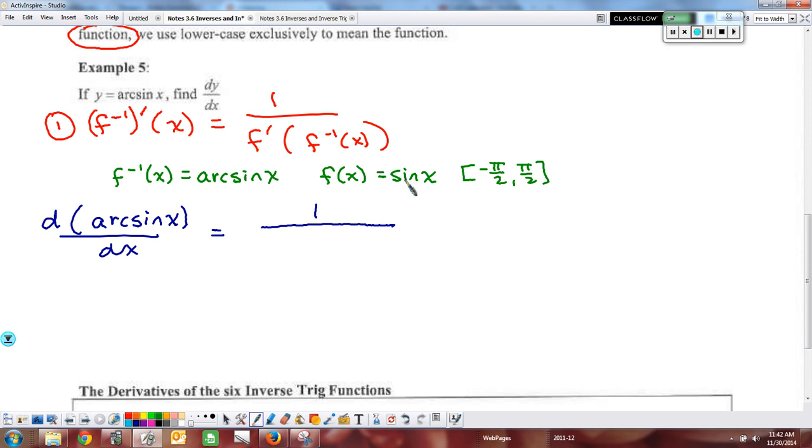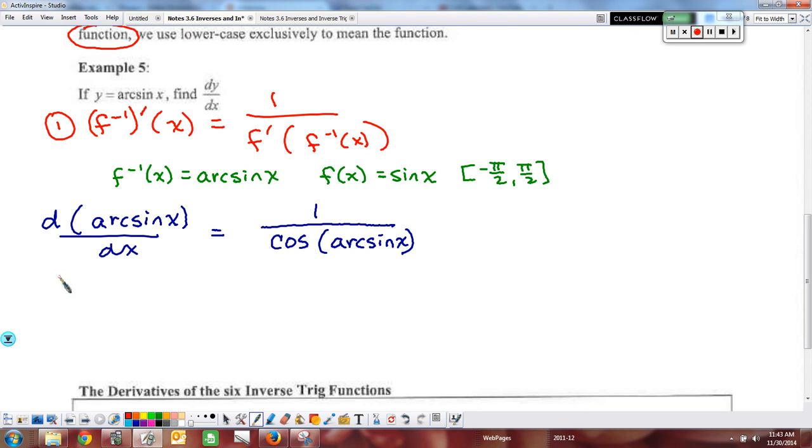The original function is sine, its derivative is cosine, of the corresponding point, which is the y value that you would get when you do f inverse of x. And y is arc sine of x, so this is simply cosine of arc sine of x. All right, now we're not done with this problem. We're going to come back to this. I'm going to show you the second way to get to this point, and then we'll talk about simplifying.